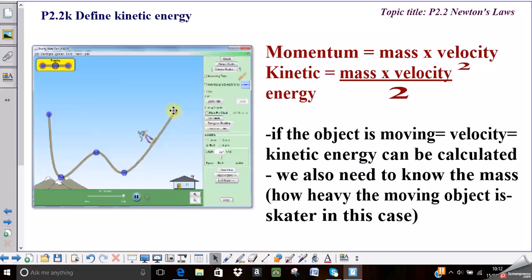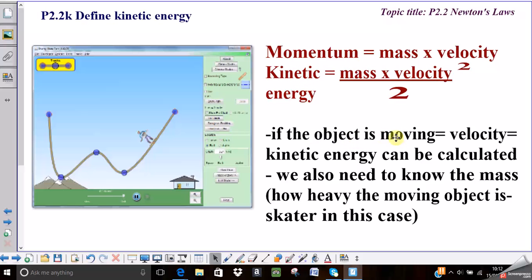Now the skater is down the ramp. Now going back to compare momentum and kinetic energy. Momentum: if the object is moving, it has a velocity, and I can calculate its momentum. Now if the object is moving, again it has a velocity. That means this whole equation is not zero anymore, so I can calculate a kinetic energy.